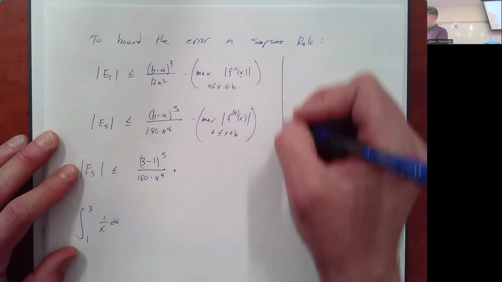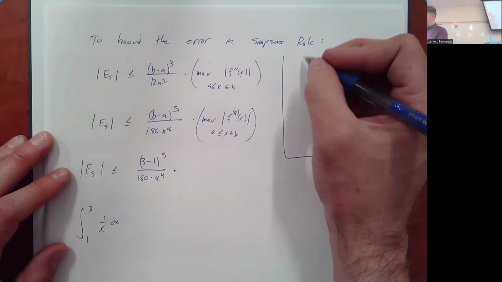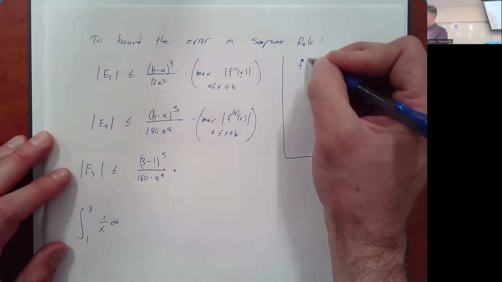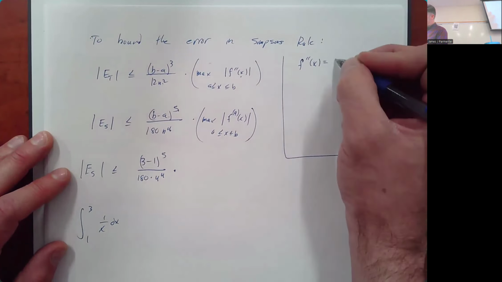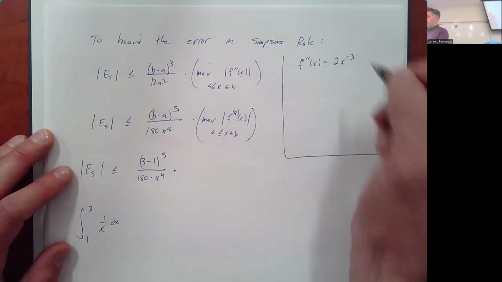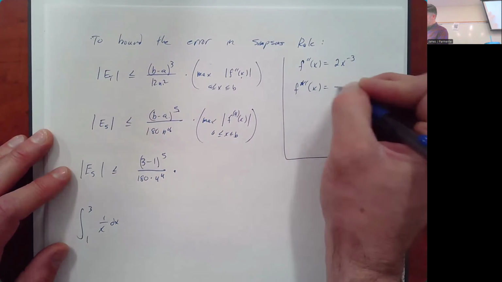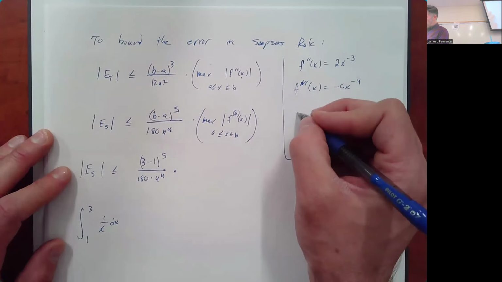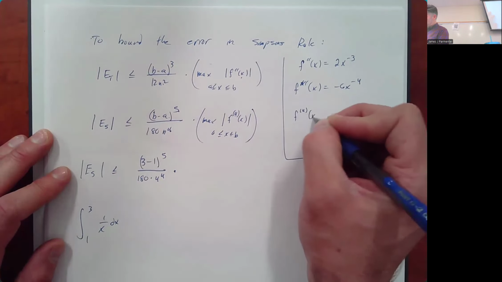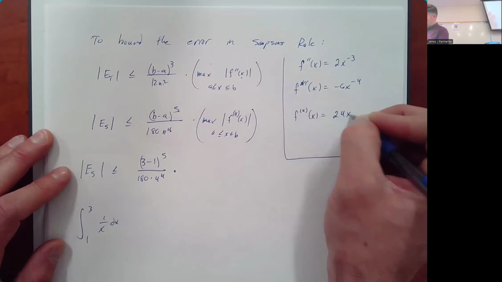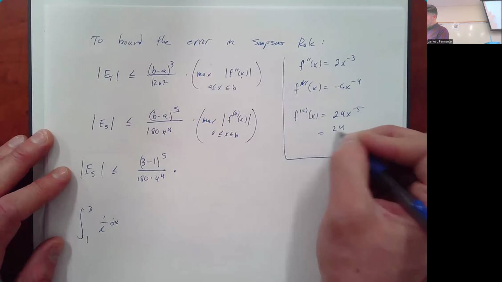So we saw last time that the second derivative was equal to 2x to the negative 3rd. The 3rd derivative is going to be negative 6x to the negative 4th, and the 4th derivative is going to equal positive 24x to the negative 5th, which is 24 over x to the 5th.